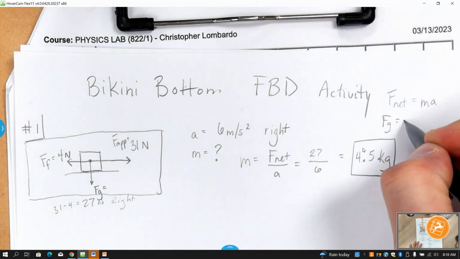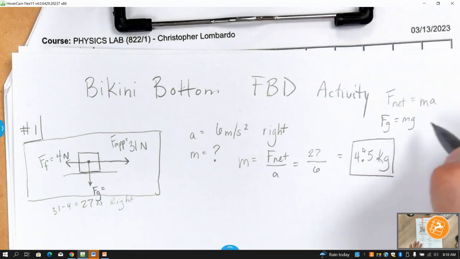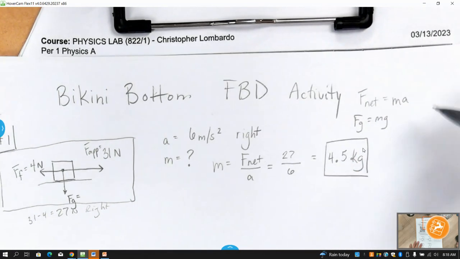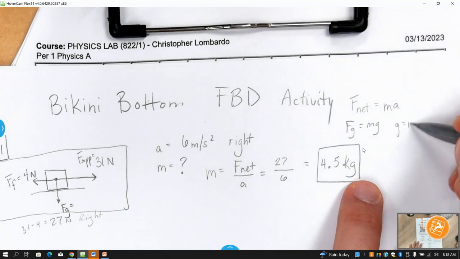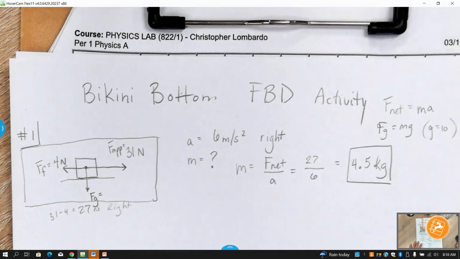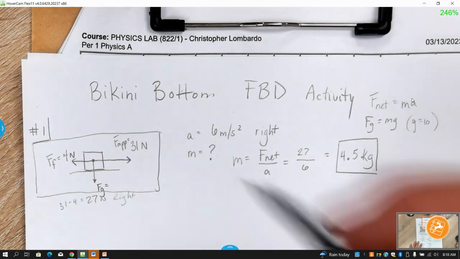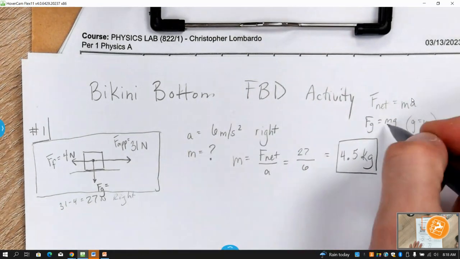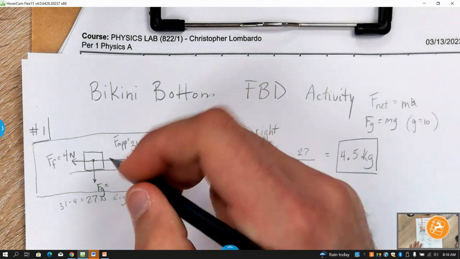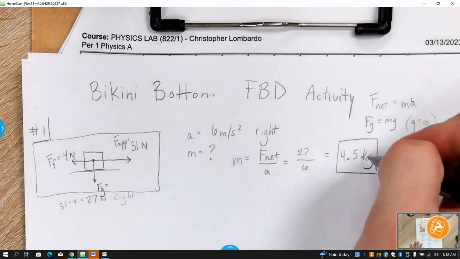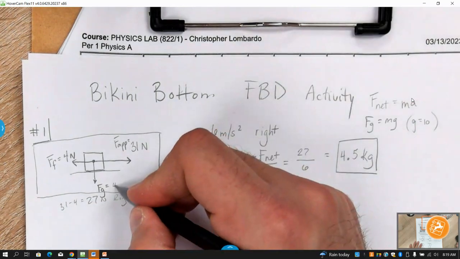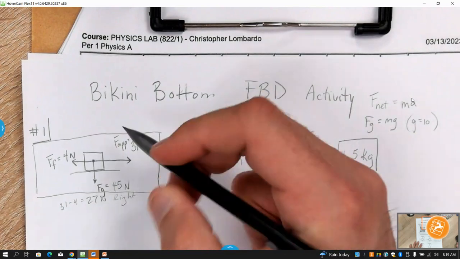So FG is mass times gravity. We're using 10 for g, 10 meters per second squared is our gravity. So 4.5 times 10 would give us 45 newtons downward.